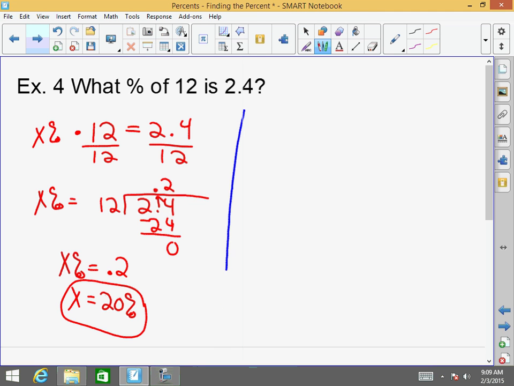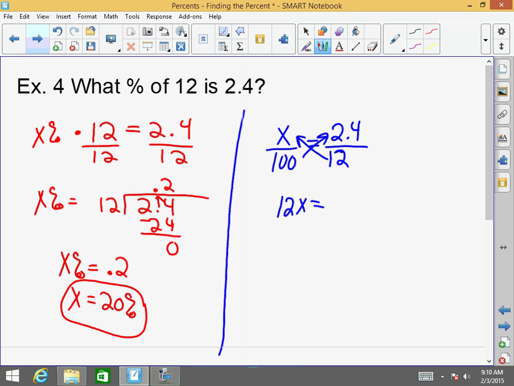You want to do it the proportion way? No worries. What percent, X over 100 equals is, which is 2.4, over of, which is 12. Cross multiply. 12x equals, when I multiply by 100, what do I do to the decimal, guys?